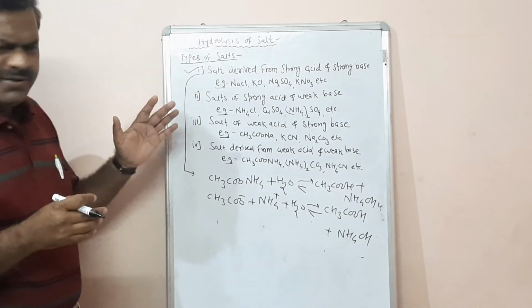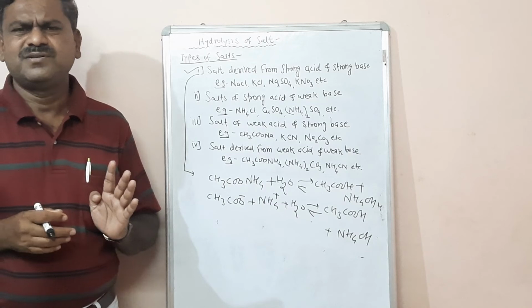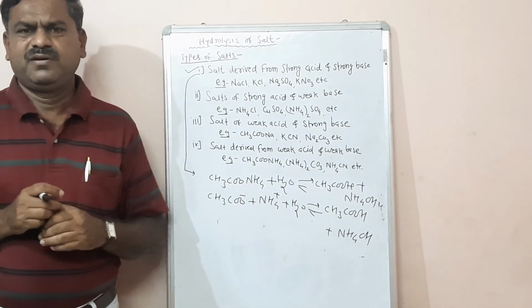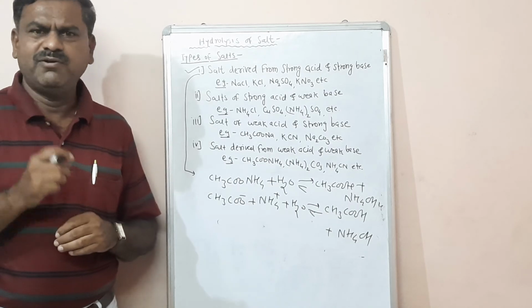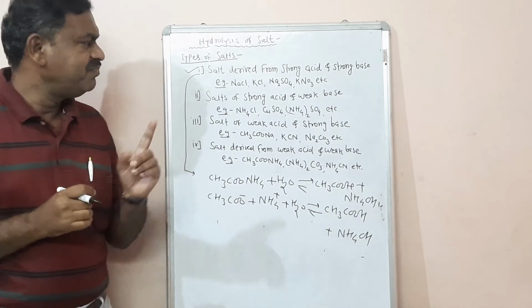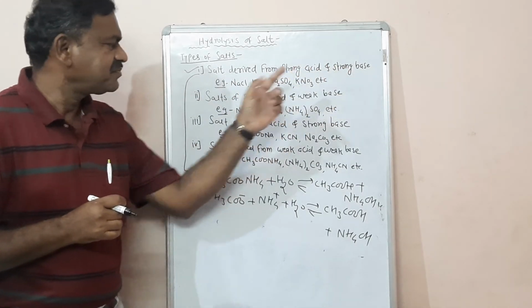If there is any doubt about this, these are the four types. Sometimes out of these four types in your annual exam, which carries 2 marks, you may be asked to explain the salt of a strong acid and a strong base.